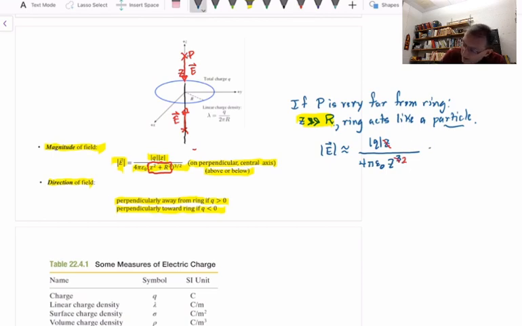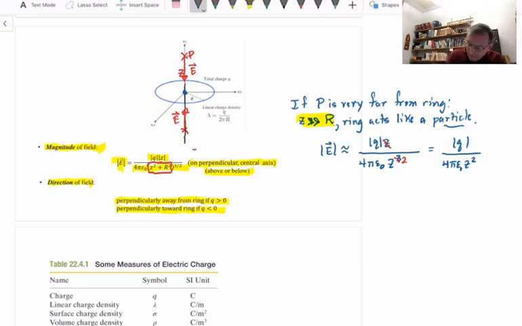So that simplifies to magnitude Q over 4 pi epsilon 0 z squared, just as if the ring were actually a particle with all its charge right there at its center. That's what it starts to behave like if the point P is far away. That should seem reasonable, and that's what comes out of the math. But that's just a special limiting case. I just want to show you that the weird-looking answer that we got becomes something more familiar in the distant limit.